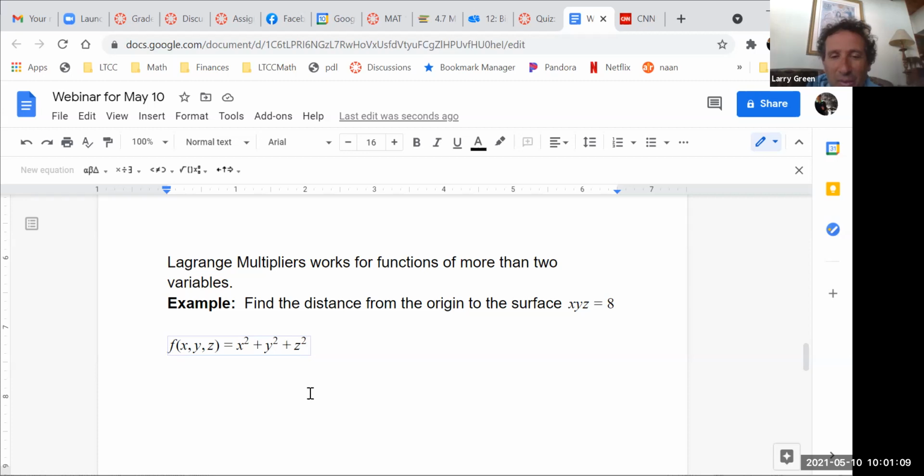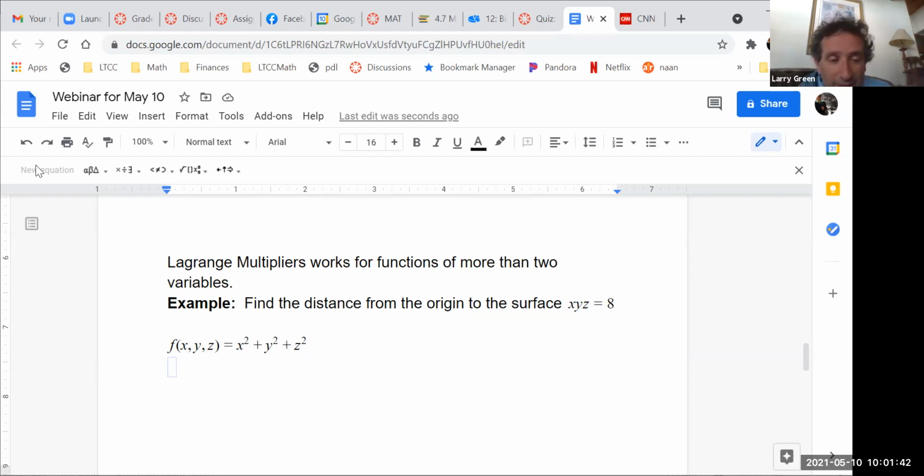So this is just another way of saying regression analysis without saying the word regression analysis, but it's really the same thing. Okay, so we have f of x, y, z equals x squared plus y squared plus z squared, but we're on the surface xyz equals 8. So guess what we need to do? Think French. Yeah, we use Lagrange multipliers.